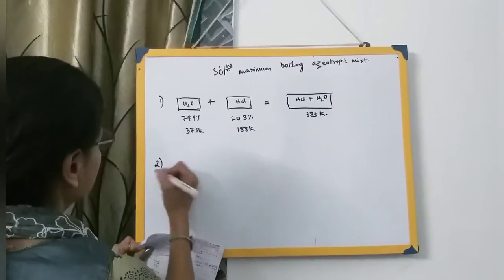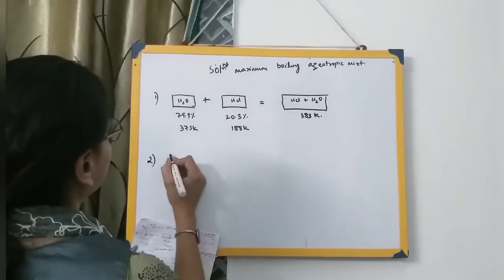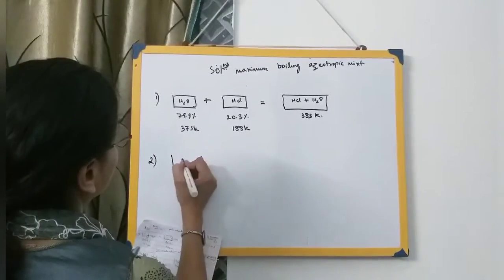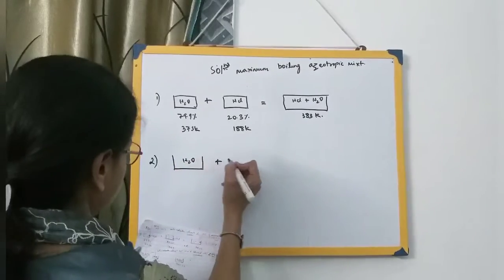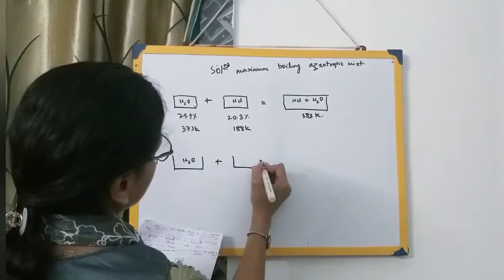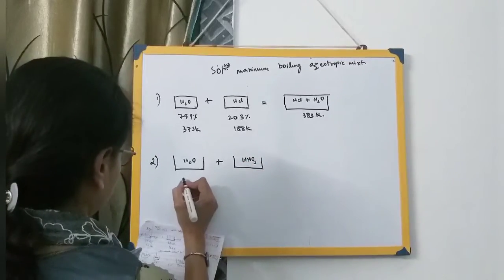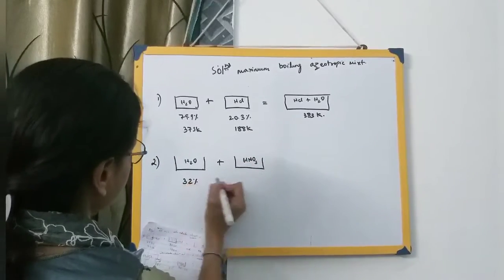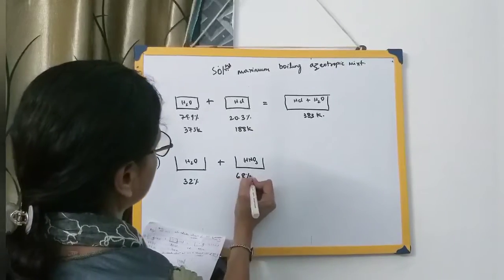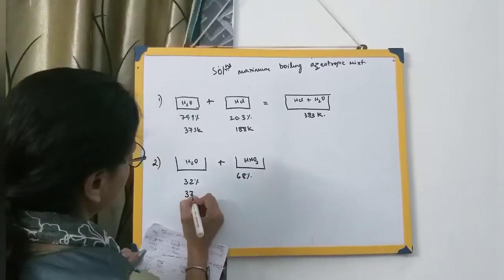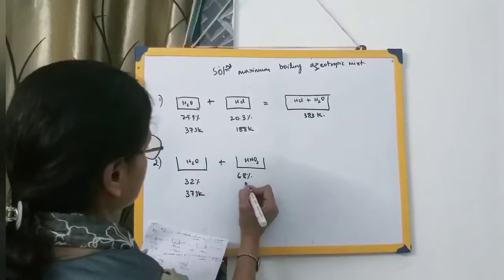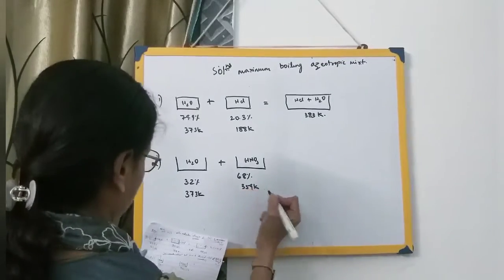Another example of this type of mixture, let me give you: this is water plus HNO3, nitric acid. Over here the composition is 32% and this composition is 68%. Now this temperature is 373 Kelvin and this temperature is 359 Kelvin.